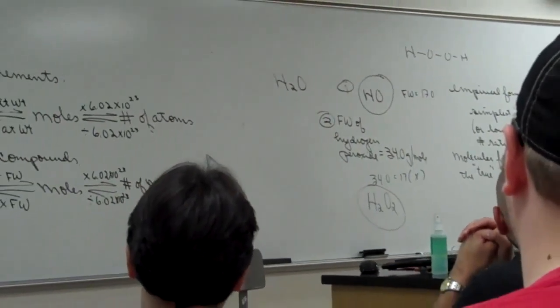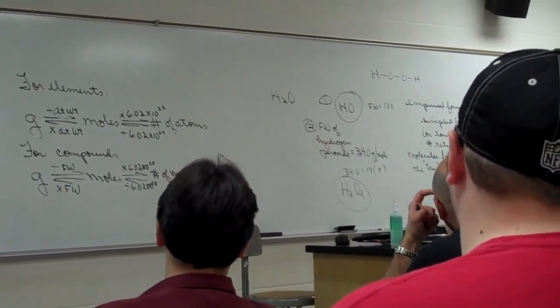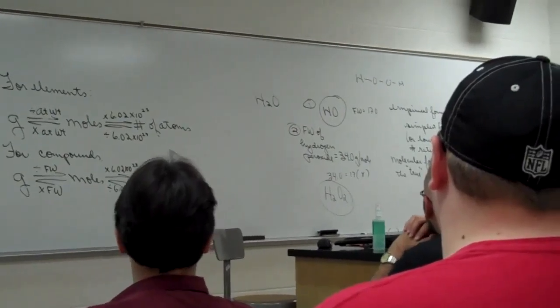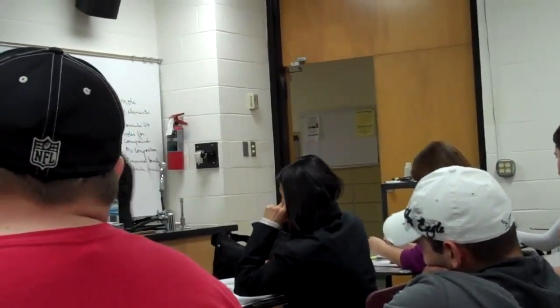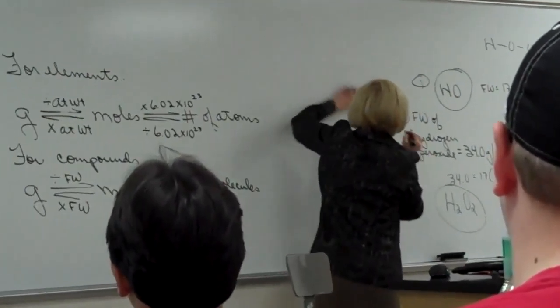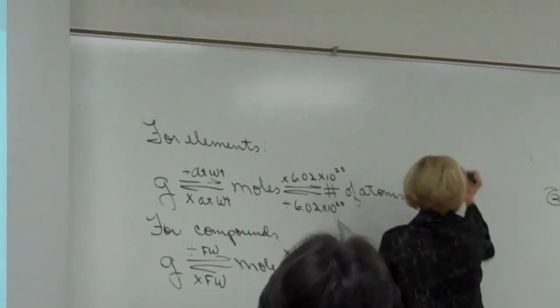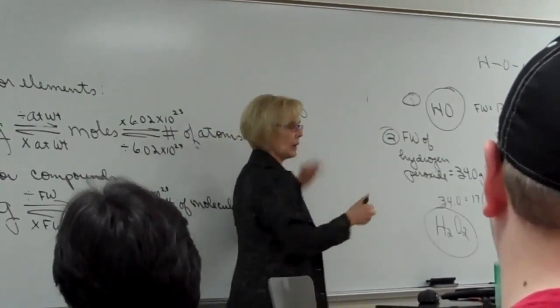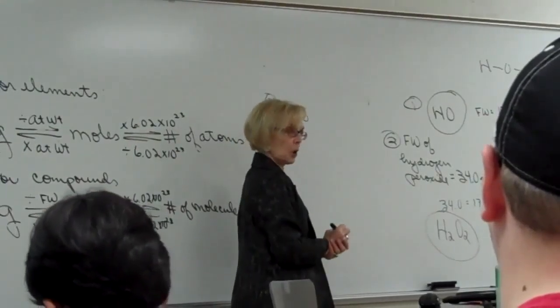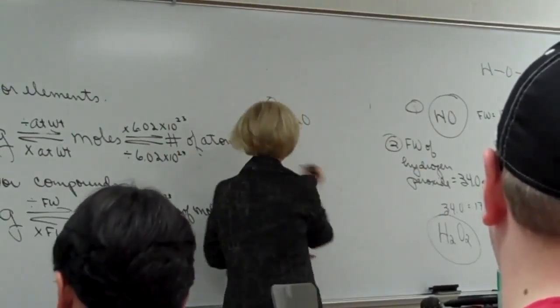But anyway, empirical is the lowest whole number ratio, and the correct one may be the same and it may not, just real quick. If I go back to water, I do experiment 1 and I found out water is 2 to 1. Experiment 1. Lowest whole number ratio, 2 to 1.